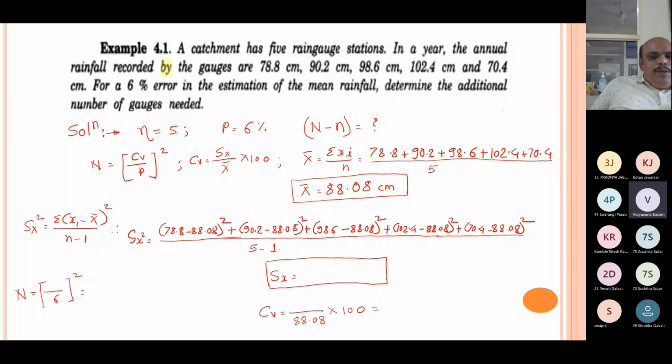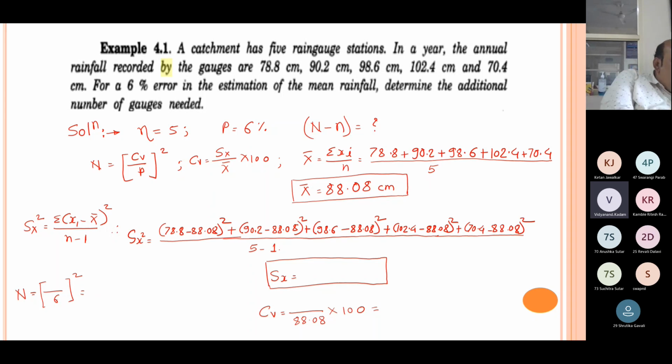If you have calculated Sx, then tell me the value. Calculate Sx.